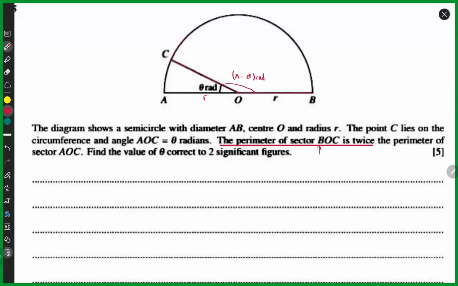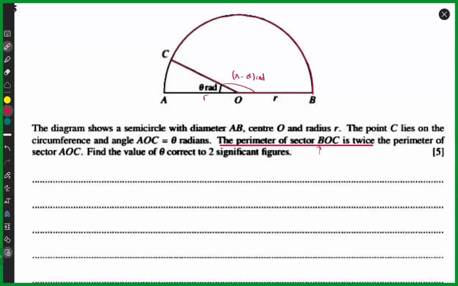So always remember perimeter means the boundary of the entire shape and not only the arc length. This is basically the perimeter of BOC. Find the value of theta correct to two significant figures. Okay, so this is the question.